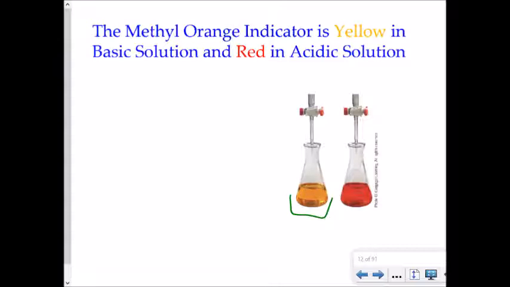So methyl orange is an indicator that can be used, and then you have the red when it turns into the acid over here. You can Google charts with indicators. There are so many out there with various ranges of their color change.